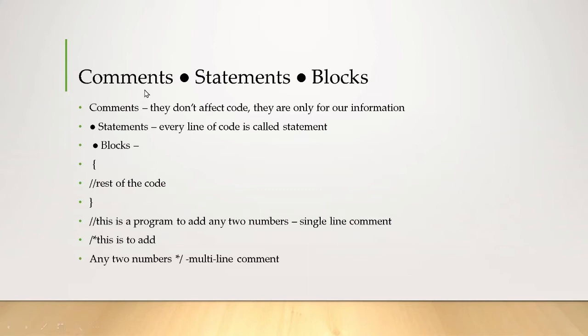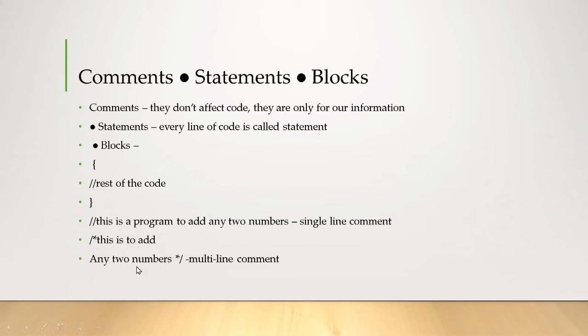So comments, I already told you about comments. Comments don't affect the code. They are only for our information. We have two types of comments here. Look at the last three bullet points. This // is a comment: if I want to comment only one line, I use this single line comment. Whenever you want to comment one line in the code, you can comment that line.